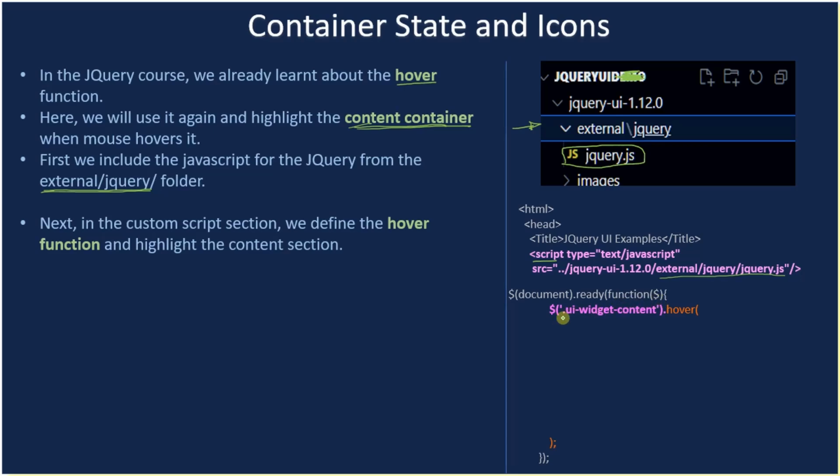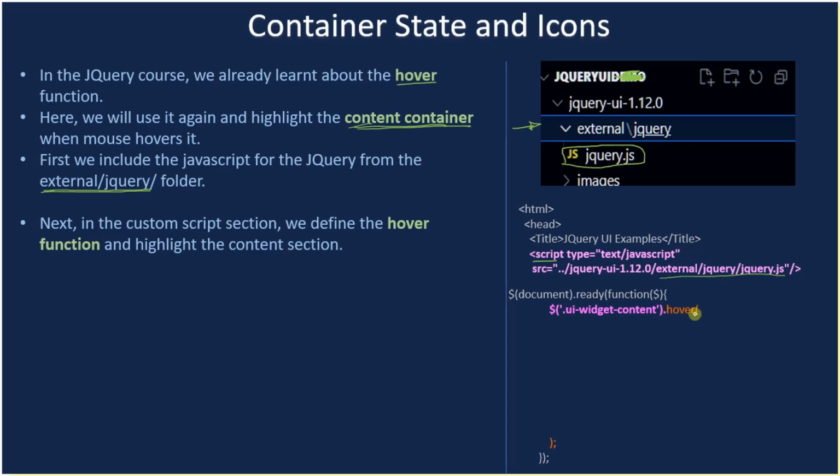Inside that, if you see here, we are using the jQuery UI theme: $(".ui-widget-content"). That means here we are selecting the element that is marked as widget content using the class attribute. So we are selecting that.